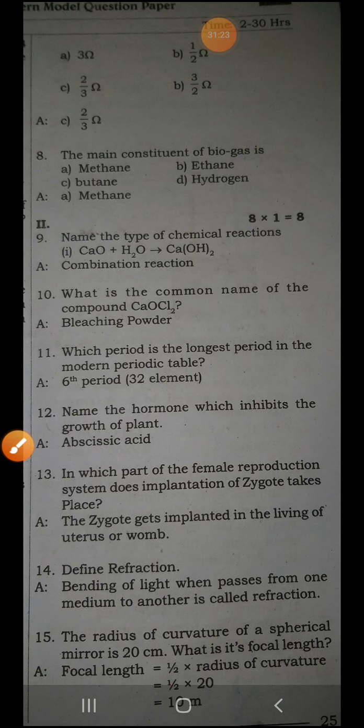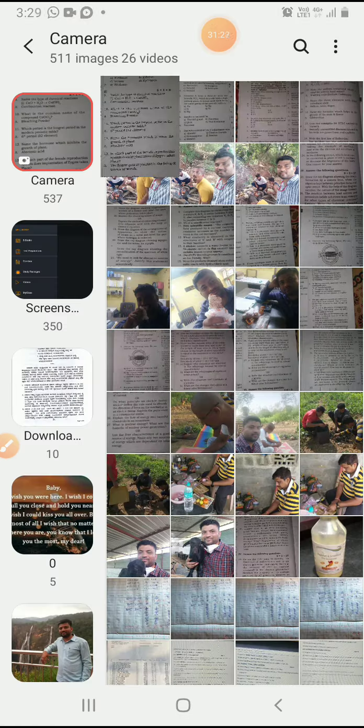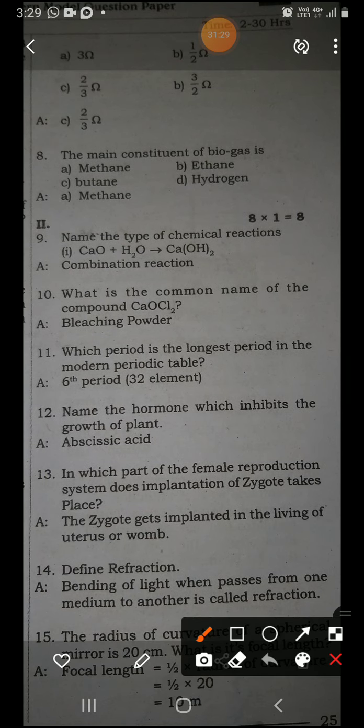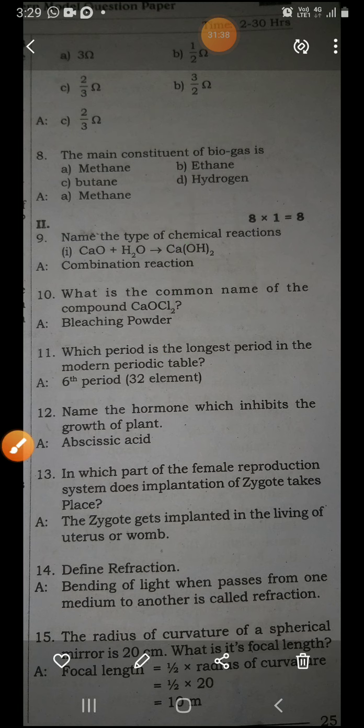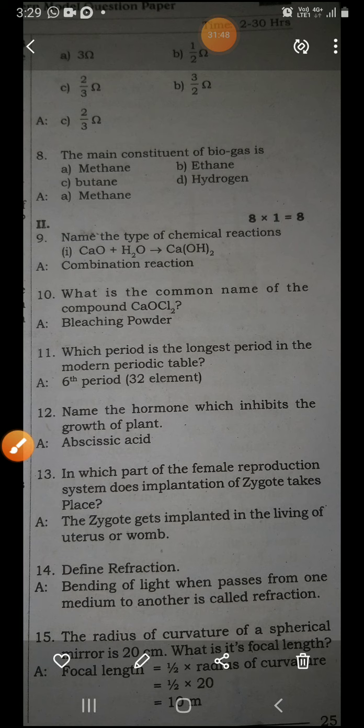When light travels from a rarer to a denser medium, it bends towards the normal. This process we call refraction, children. So the answer given here is: bending of light when light passes from one medium to another medium is called refraction.